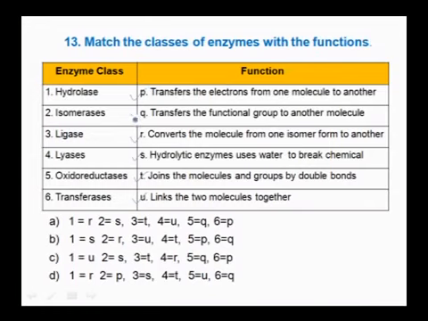We are left with this, and the name itself indicates it will help in transferring a functional group to another molecule. So from one chemical group it will transfer the functional group to the other one. So with the following functions, the option that matches very well is option B. So the answer for the 13th question is B.